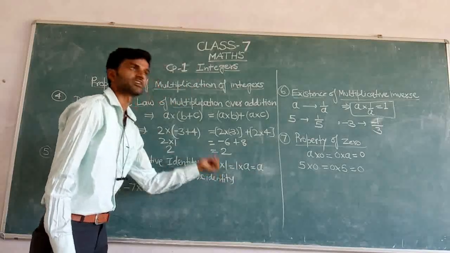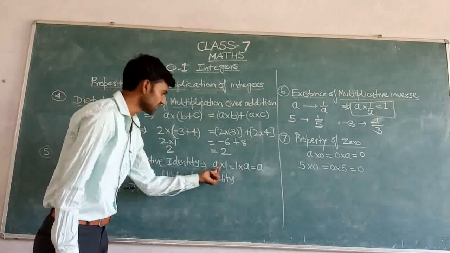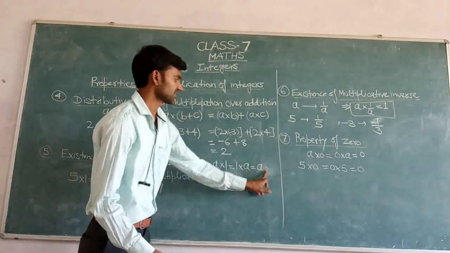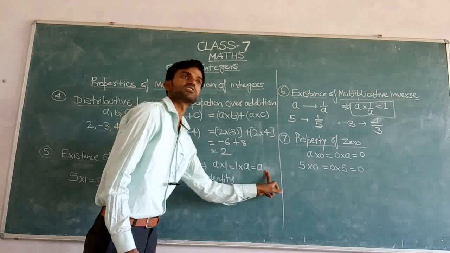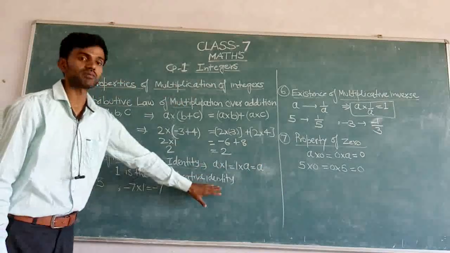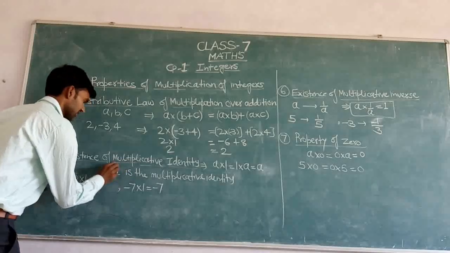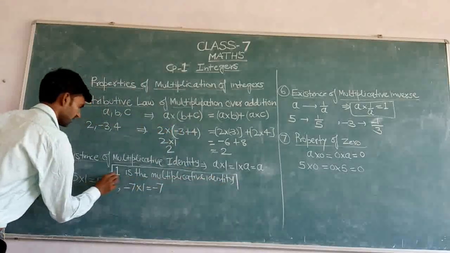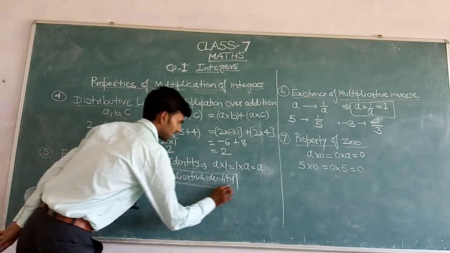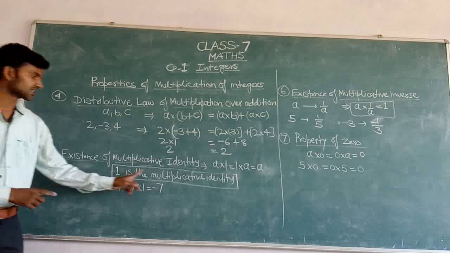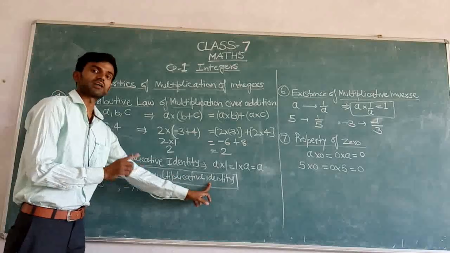Suppose a is your integer, and when a is multiplied by 1 or 1 is multiplied by a, the result is not changed. So 1 is the multiplicative identity. Clear? When you are asked what the multiplicative identity is, it is 1.